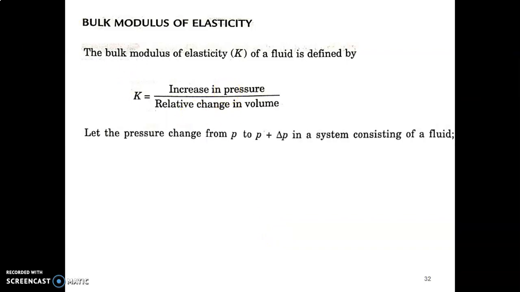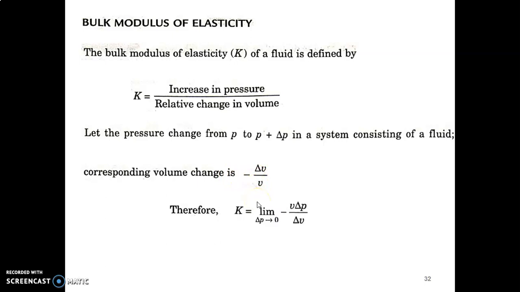Substituting into the relation for K, we get delta p divided by negative delta V by V. And applying the limit, delta p tends to 0, this equation changes to K equal to negative V dp by dV.